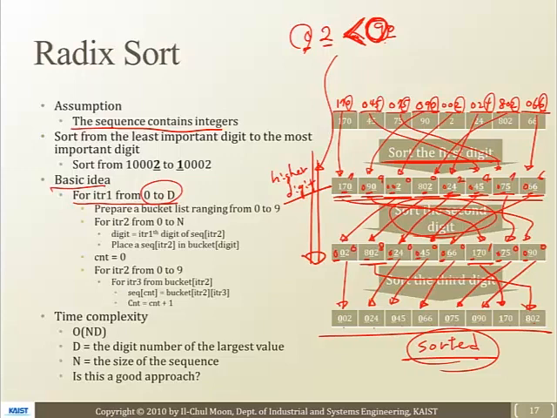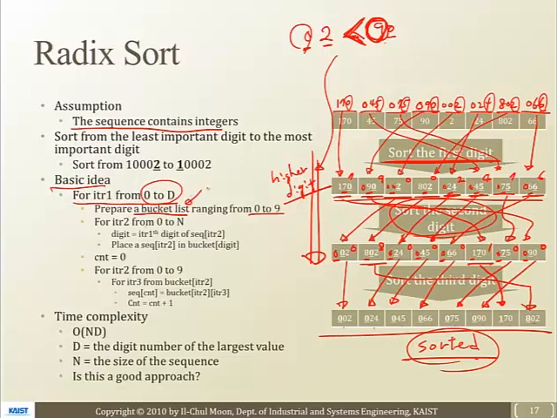And then what we are going to do is sort, putting these numbers in order of the digits that we observed. Because we have only 0 to 9 values for each digit, we can prepare a small array.